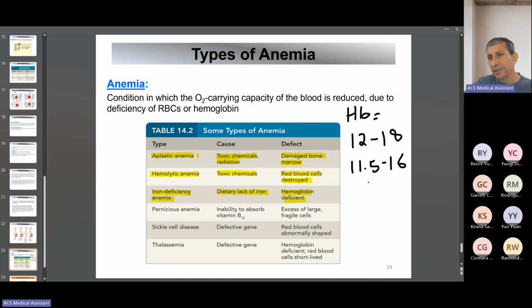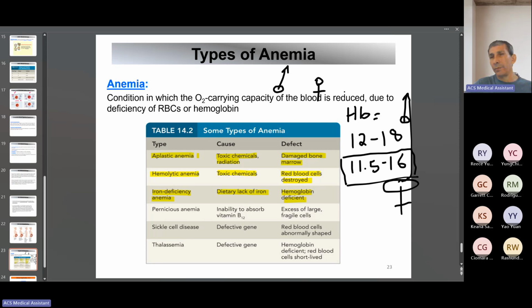See, females have lower hemoglobin levels, so fewer red blood cells. For that reason, your hemoglobin levels are measured differently. This is for males, this is for females. These are the signs for males and females. See, males, an arrow on top, females, an arrow down.